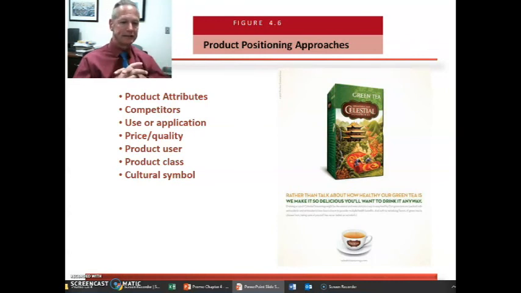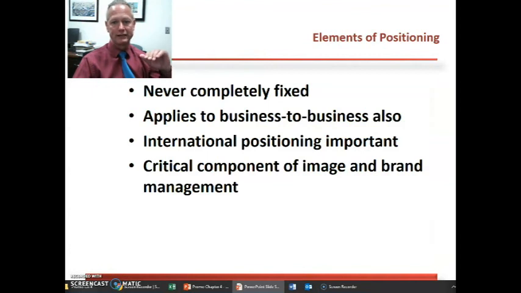Price is the easiest way to position a product because with price there is a mystique of quality. People perceive the higher the price, the greater the quality of the product. Not necessarily true, but it's perceived that way, and that's why positioning goes towards price and quality.